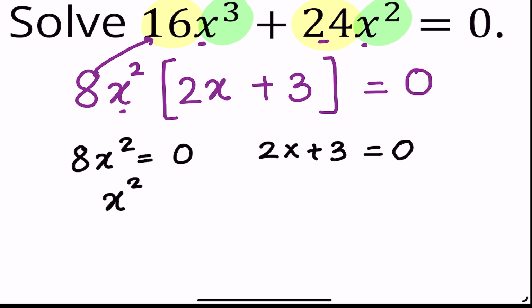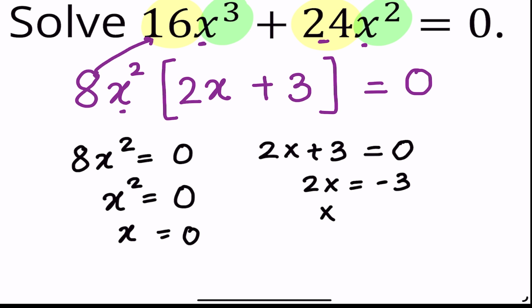That means x squared is equal to 0, that means x is equal to 0. 2x plus 3 is 0. That means 2x is equal to negative 3. Subtracting 3 on both sides, x is equal to negative 3/2. So here, my solution is x is equal to 0 and x is equal to negative 3/2.